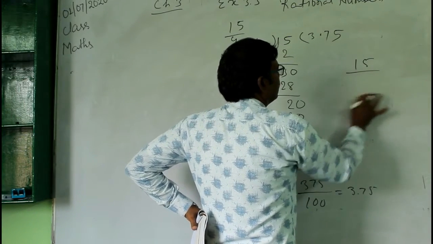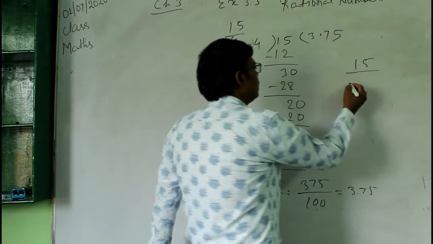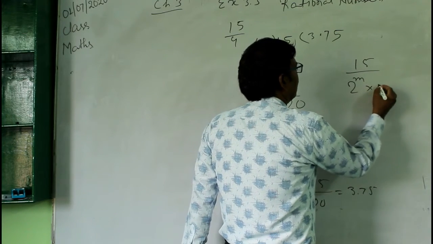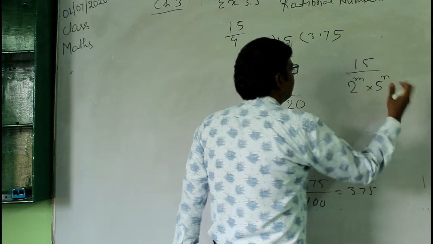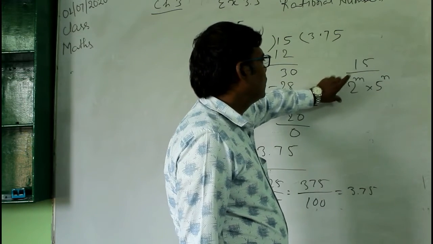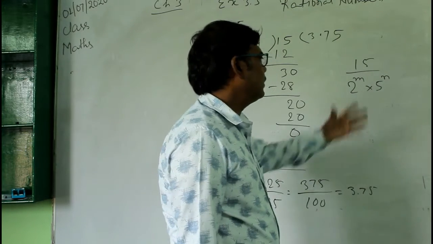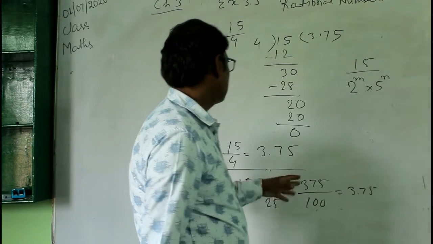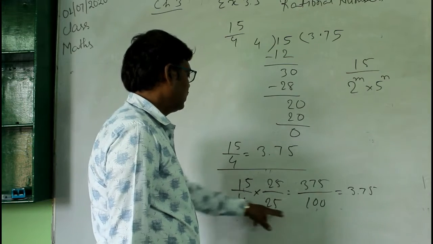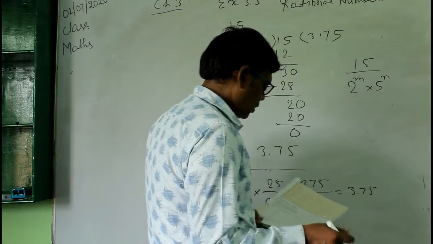The denominator must be a power of 2, or a power of 5, or both. That is, if the denominator contains 2 or 5 or both, then only can you express the given fraction as a decimal by this method. Otherwise, you cannot do this. So now question number.